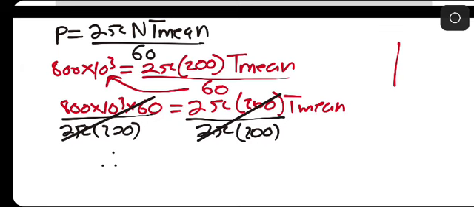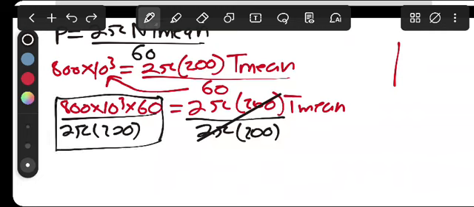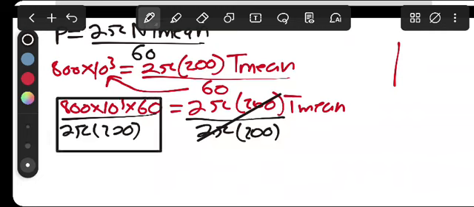Sorry guys, what I'm doing here is a mess. This cannot cancel. Just punch that on the calculator. This one is the only one that will cancel. Therefore, find T mean.